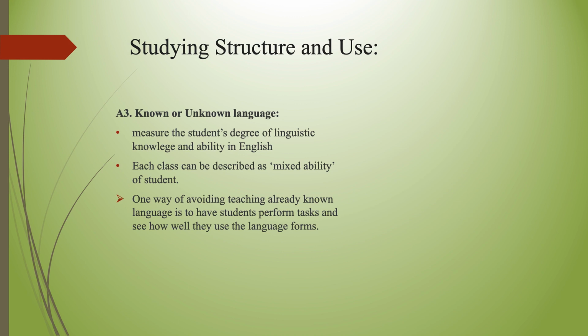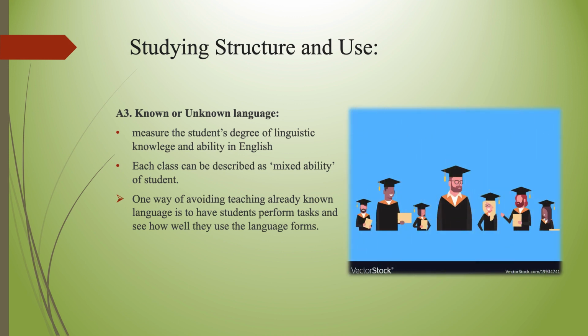A3, known or unknown language. For this point, as you know, in one class, the student ability is not the same. Students have different ability to understand or to catch the lesson taught by the teacher. So known or unknown language makes sure of the student's degree of linguistic knowledge and ability in English or in other languages as well.